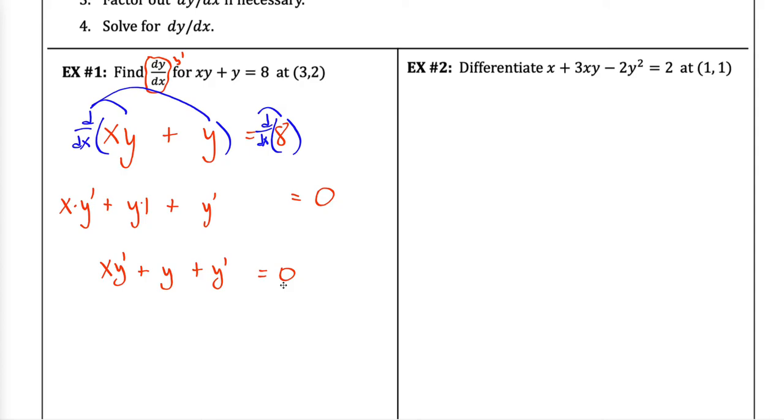You got to get y prime by itself. What would you have done a while ago if you had x in multiple locations? How do you try to get the x by itself if it's in multiple locations?